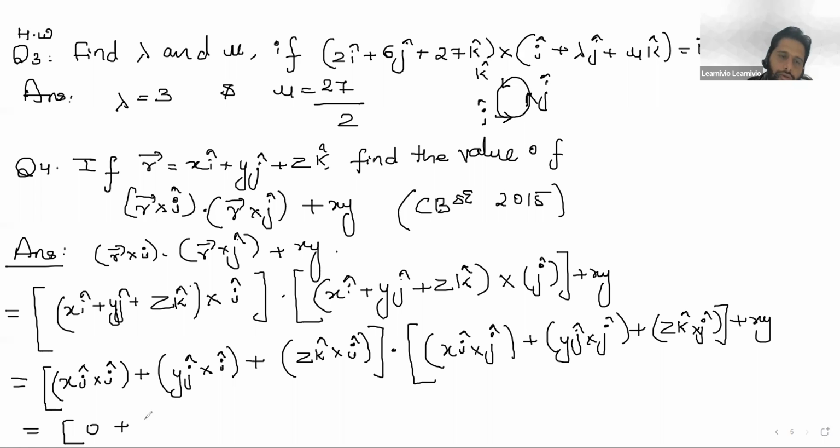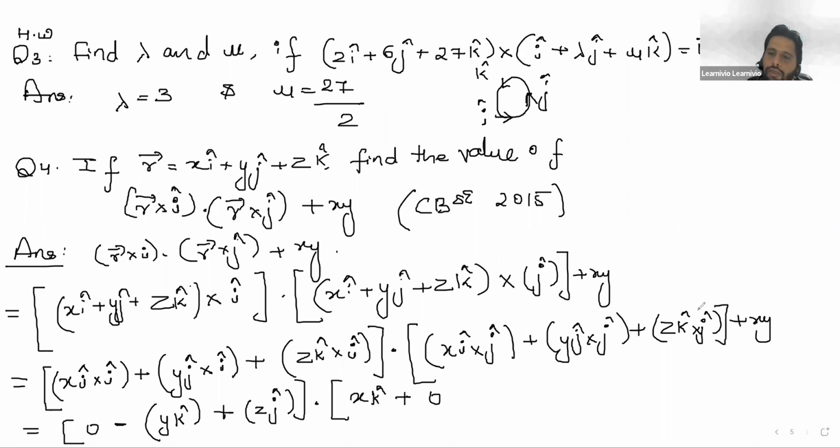So here you will get y into minus k cap, and k cross i will give you j, so z j cap. i cross j will give you k cap, so x k cap, plus j cross j will give you 0, and k cross j is opposite, minus i, so minus z i cap, plus xy.